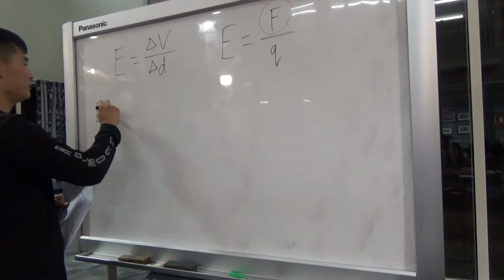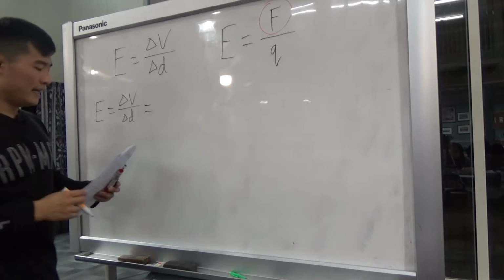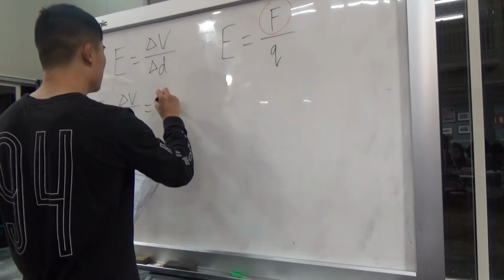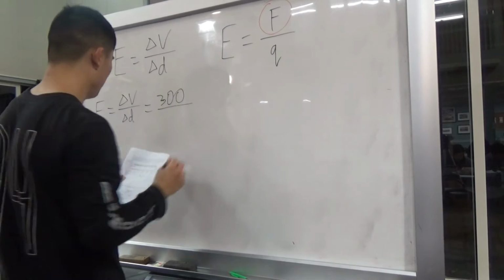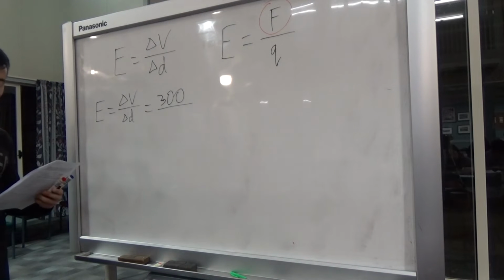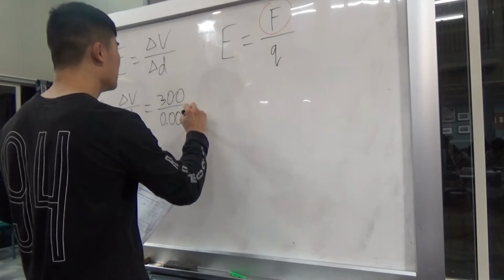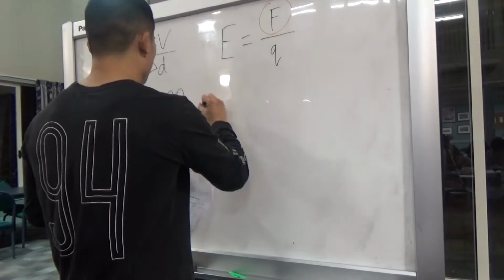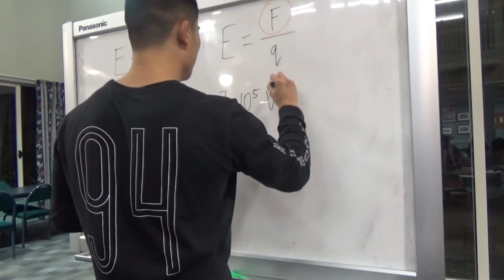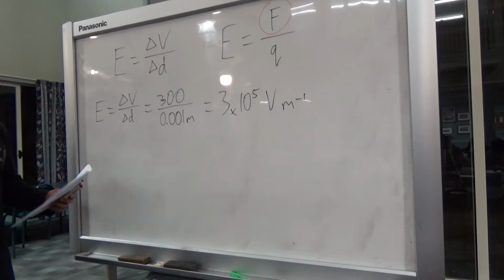So E is equal to delta V over delta D. Our difference in potential is 300 volts, and the distance between the plates is 1 millimeter, or 0.001 meters. And so that's going to be 3 times 10 to the power of 5 volts per meter. So that's the strength of the electric field.